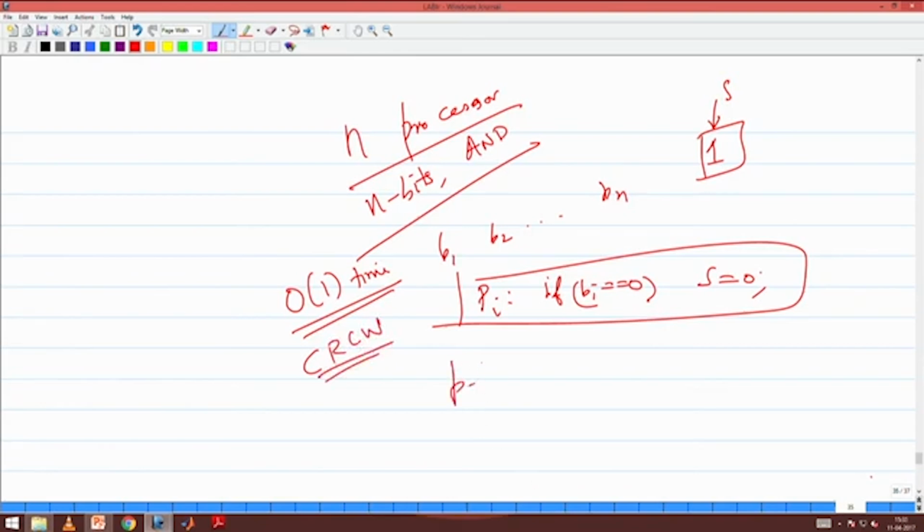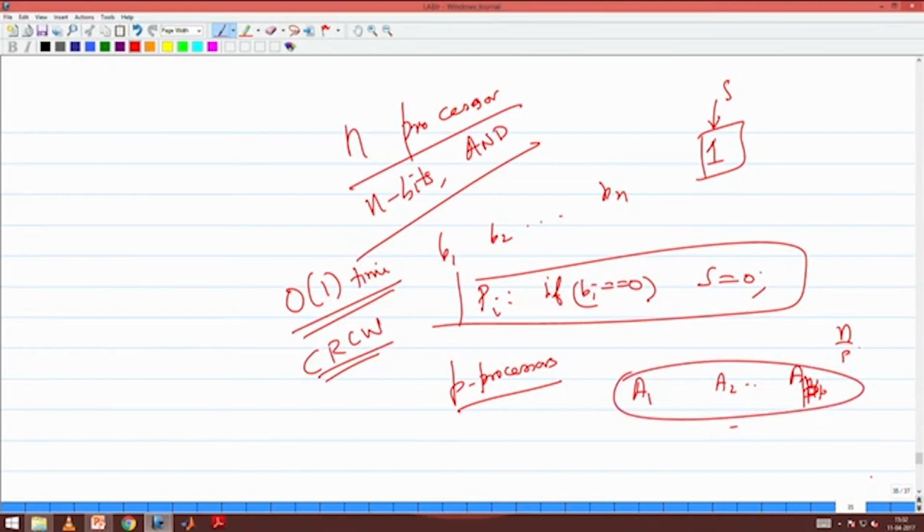Suppose I am given P processors, how will I do this? I will split it into n by P. Each processor will find the AND of its n by P bits in n by P time, and let me call the results A1, A2 to AP.